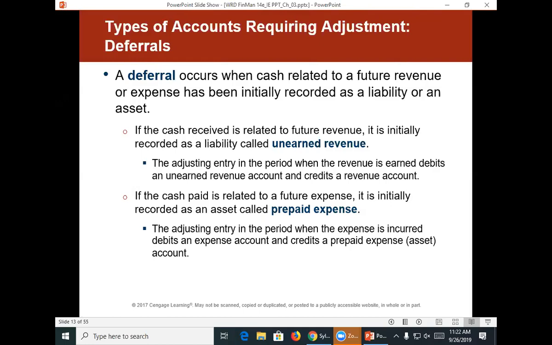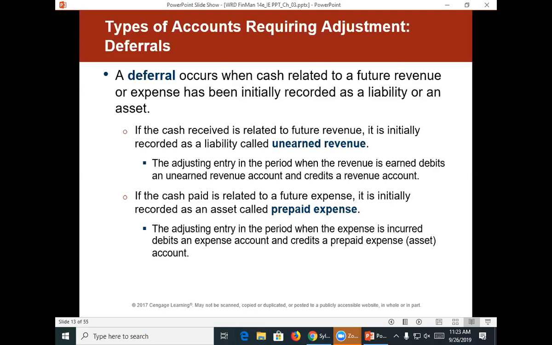Deferred revenue is a revenue that we are going to receive in the future. But if we actually provide or earn that revenue in the current period, then we have to recognize it. So when we look at a deferred revenue, we're always dealing with unearned revenue. Deferred revenue is always unearned revenue.